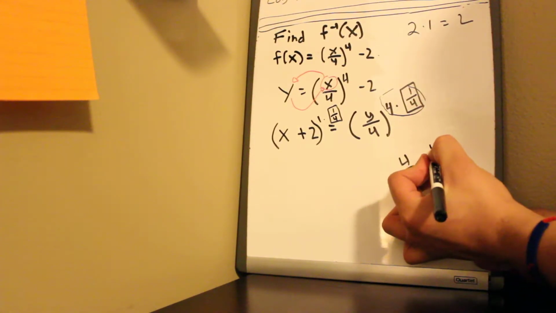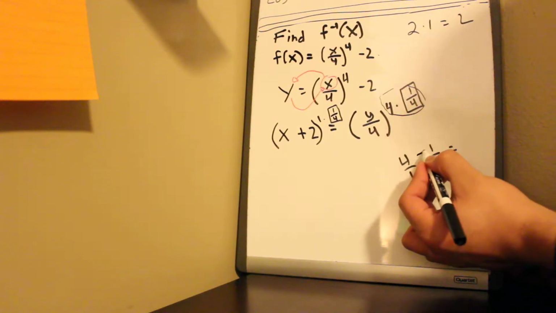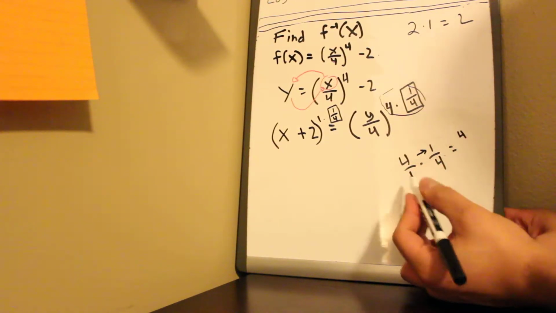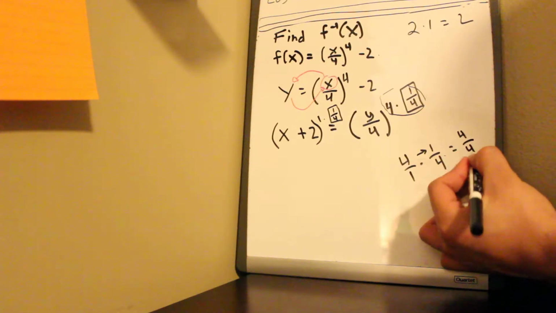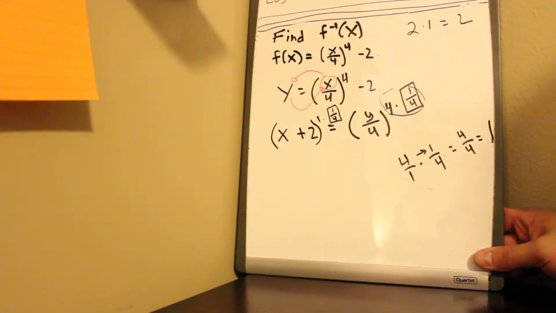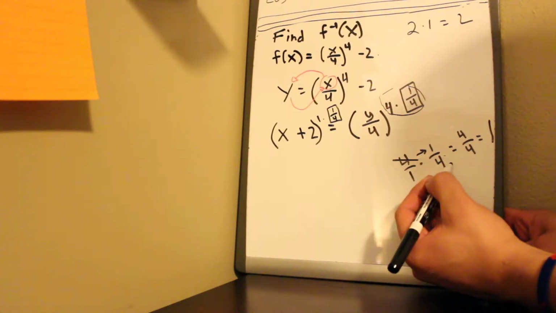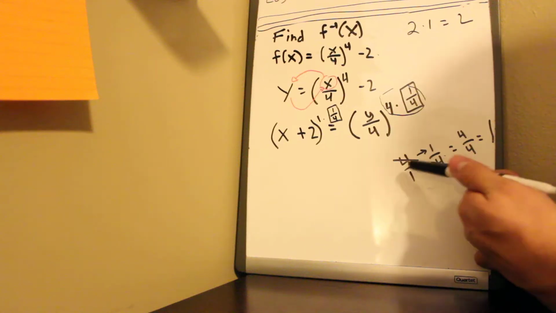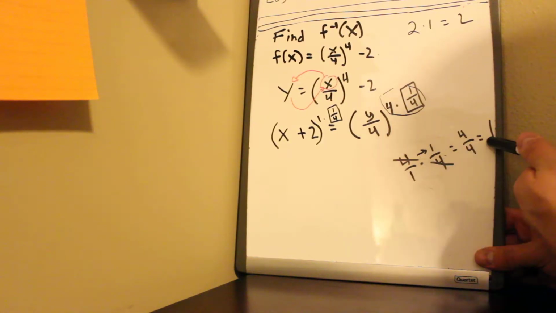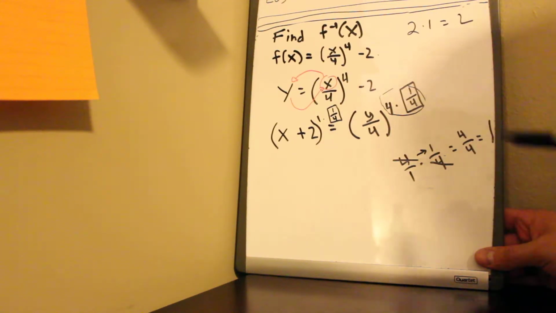So 4 times 1/4 is the same thing as 4 times 1 is 4, and then 4 times 4 is 16. Well, look at that, 4 divided by 4, that's just 1. Or you could also see this as the 4 on the top cancels out with the 4 on the bottom, and all you're left with is 1 divided by 1, which is 1. But I like to think of it more as 4 divided by 4 is just 1.